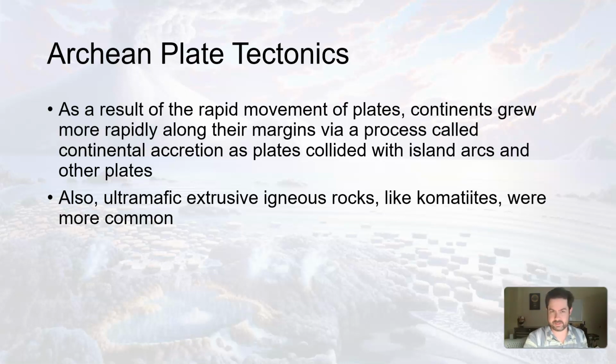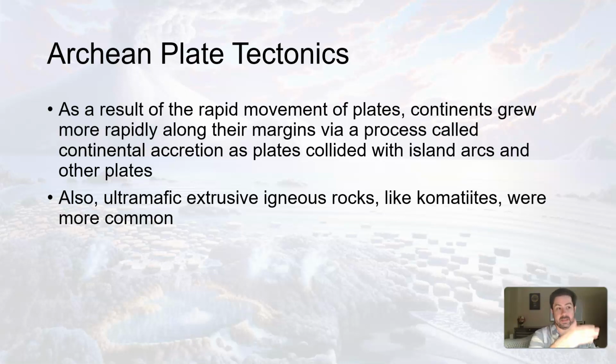Also, because of this more heat and faster process, you get some ultramafic extrusive igneous rocks, which are rare, if they happen at all nowadays. In fact, most ultramafic rocks are intrusive igneous rocks. We don't have any volcanic extrusive ultramafic igneous rocks.